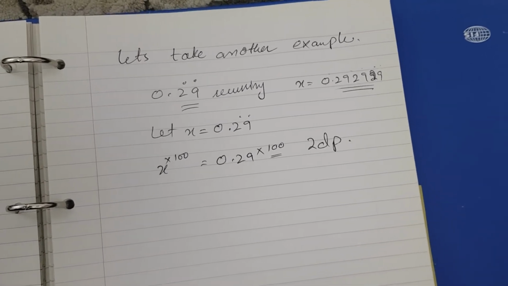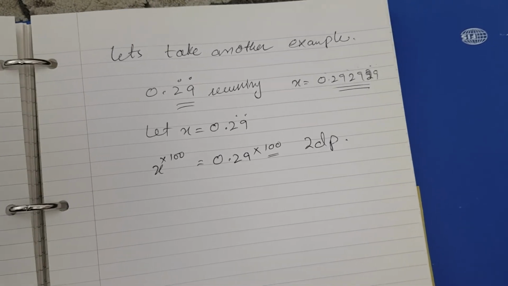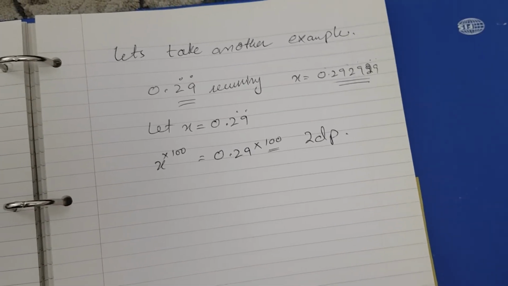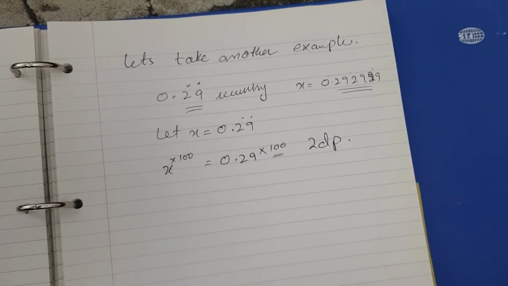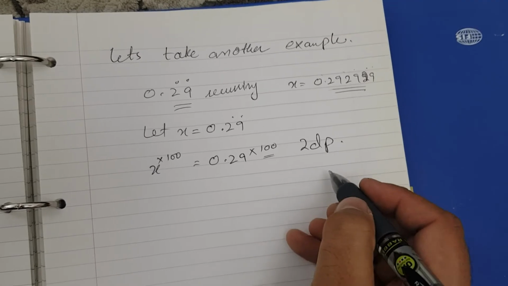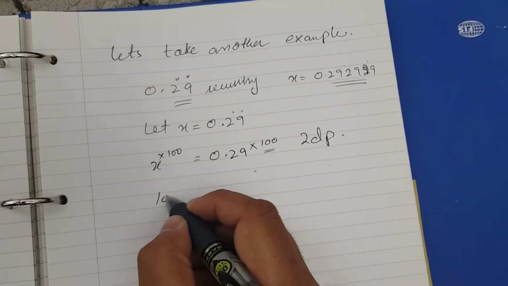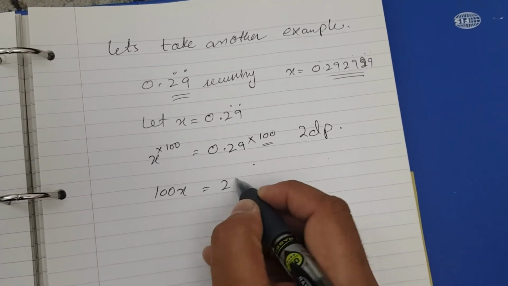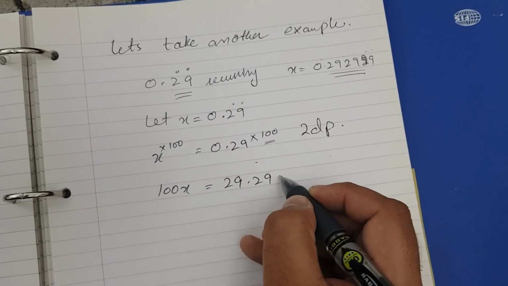If I have one decimal place, I times by 10. If I have three decimal places, I times by 1000. Whatever the number of decimal places, you times the number by the matching multiple of 10.